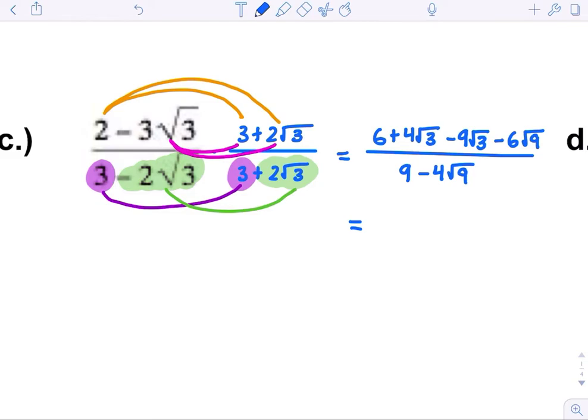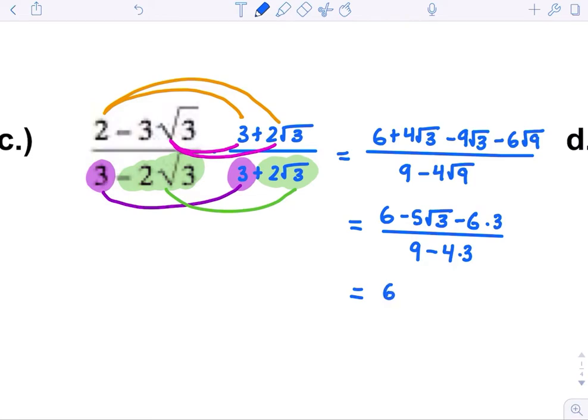Okay, let's simplify. So 6, we can combine these like terms. So 4 minus 9 is minus 5. Keep the same root, radical 3. Negative 6 times the radical 9, which is 3, so negative 6 times 3. All over 9 minus 4, and the square root of 9 is 3.